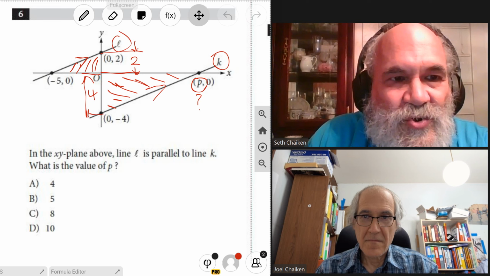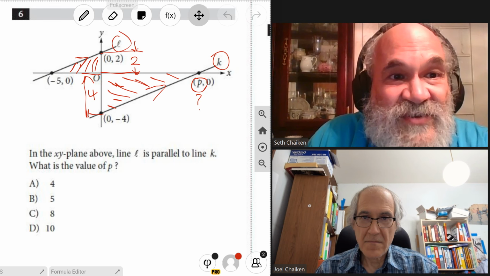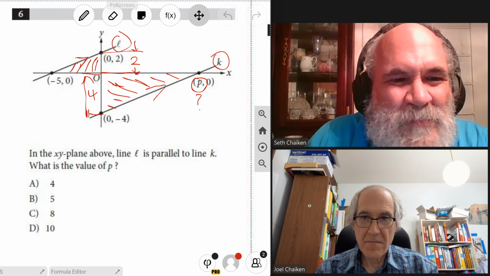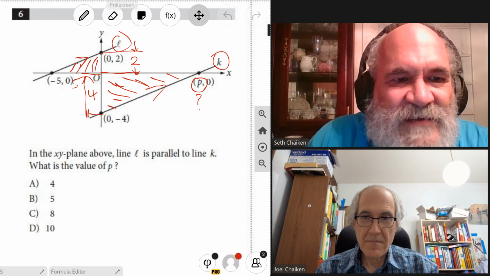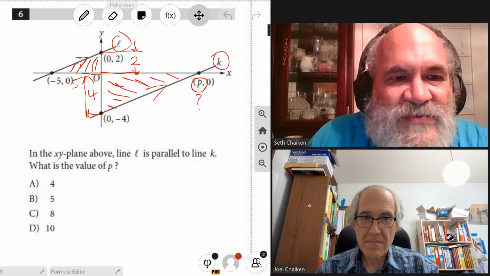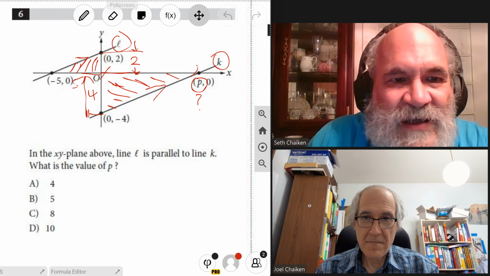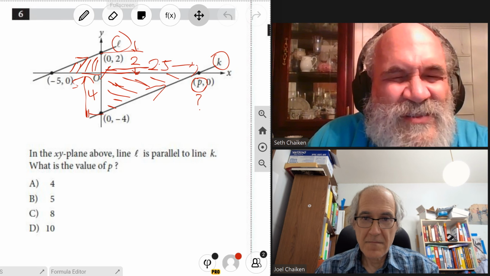They tell you the distance from the origin to -5, 0 is 5. Therefore, the distance from here to here is 2 times 5, because all the lengths of corresponding edges are proportional.